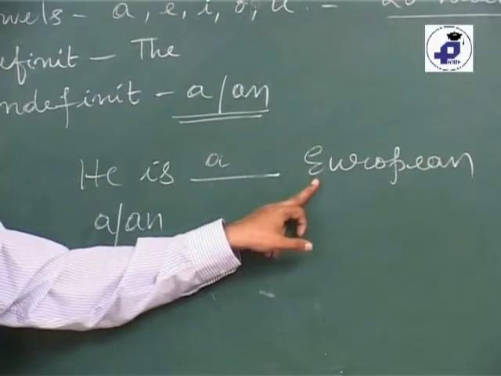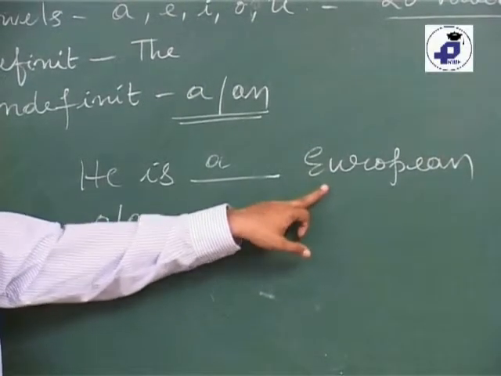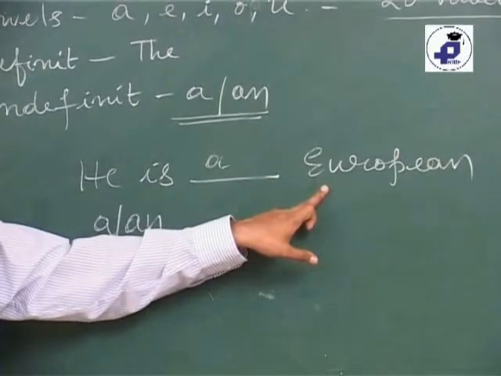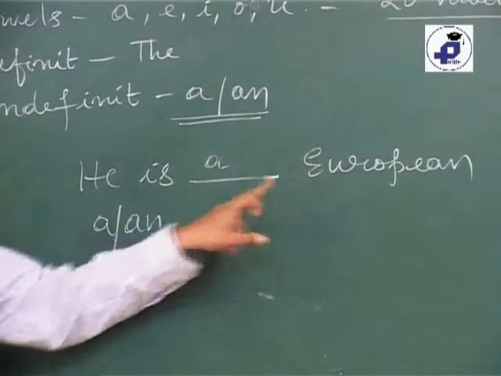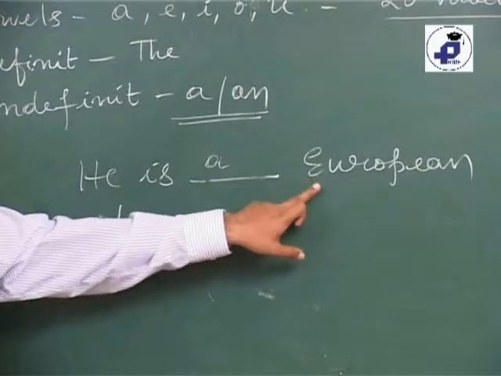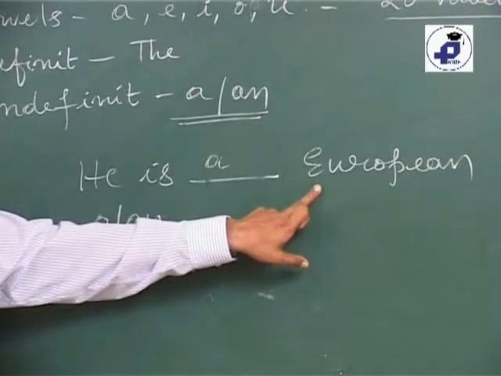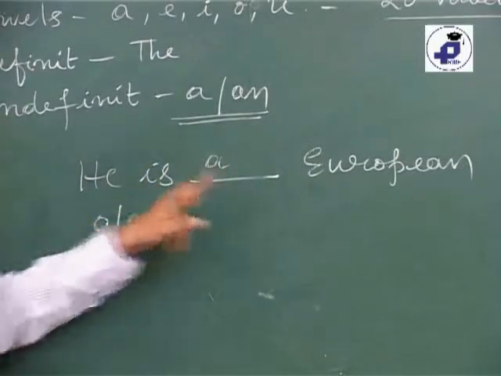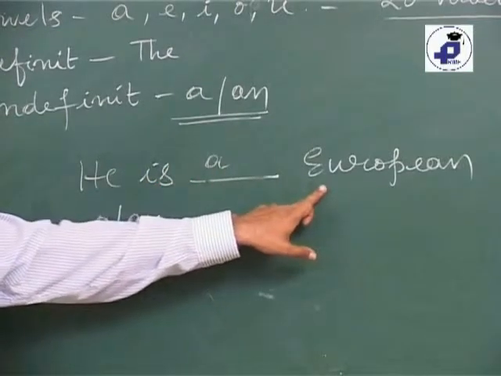It is U, European. It is the U sound here. U is a consonant sound. Okay. 'A' is the correct answer because U is the consonant pronunciation here. He is a European, and 'an' doesn't come here.